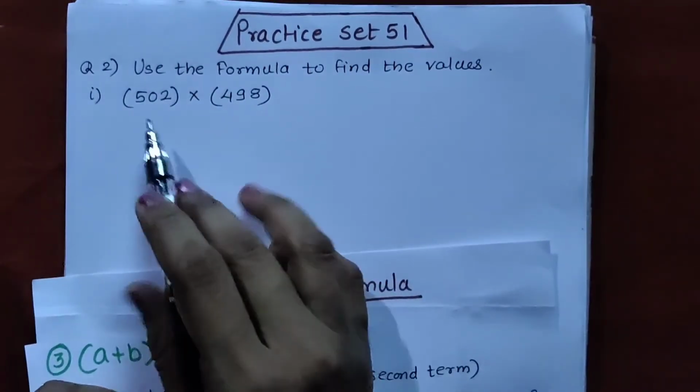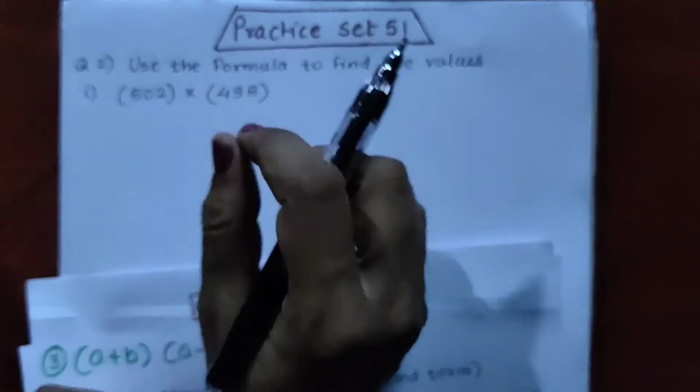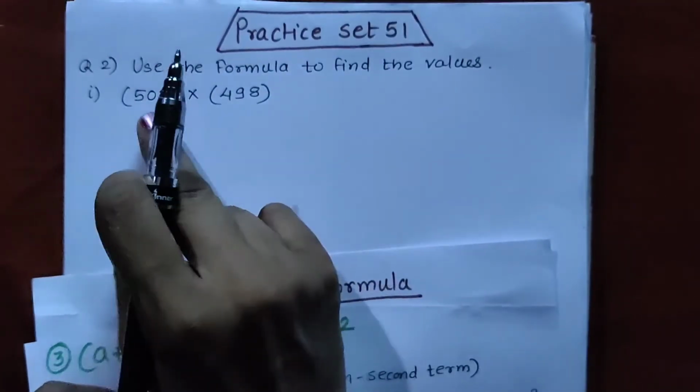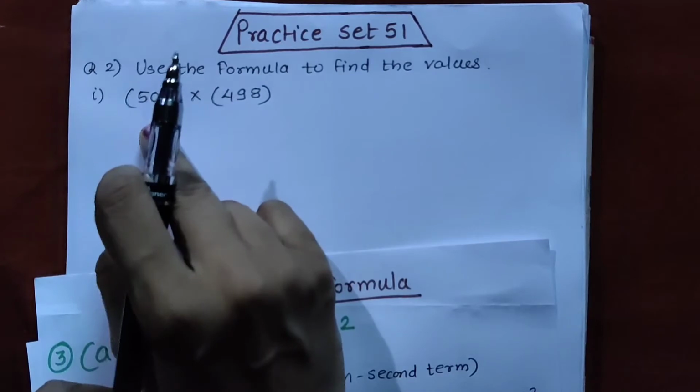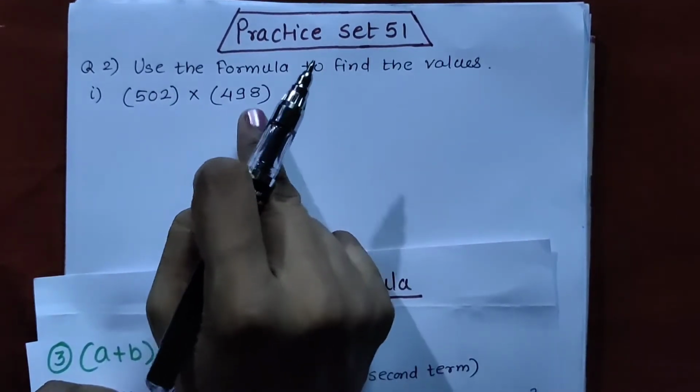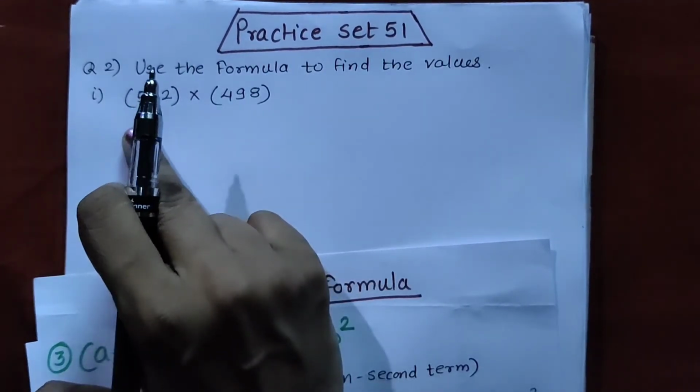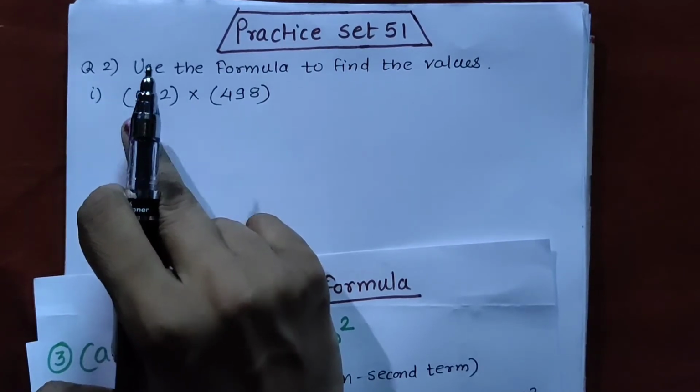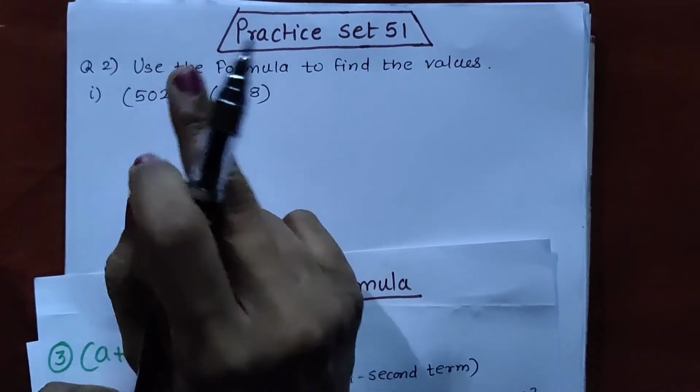That means these numbers have to be split into two numbers. Instead of one number we have to write it as the addition or subtraction of two numbers.